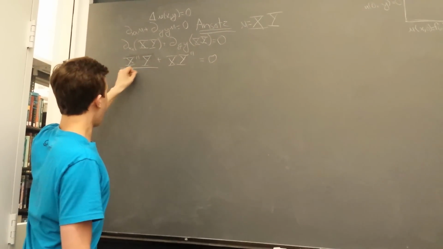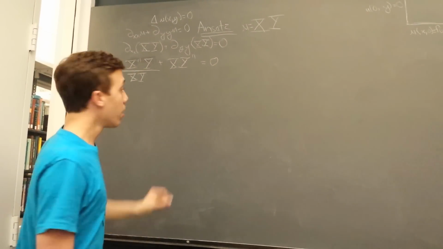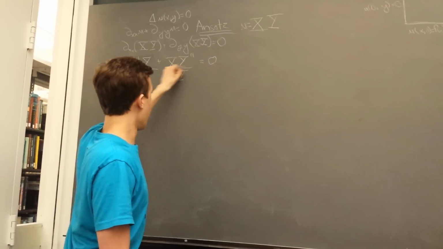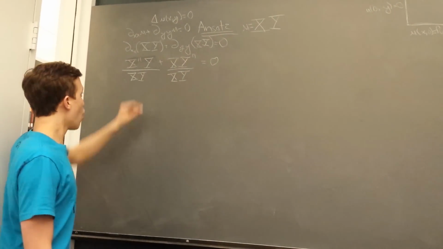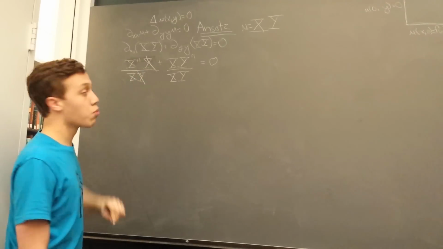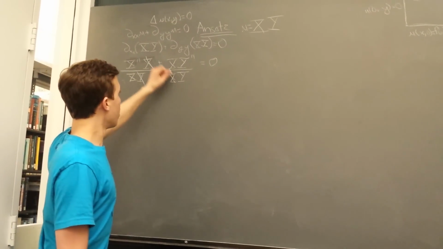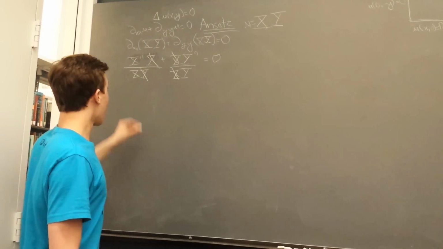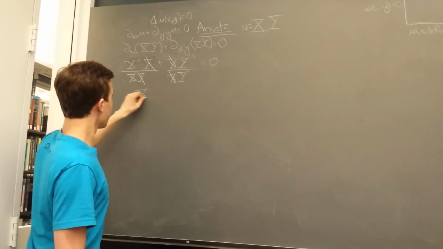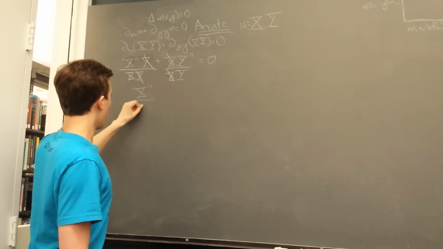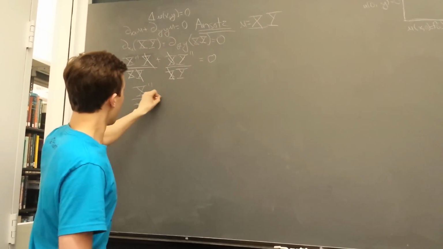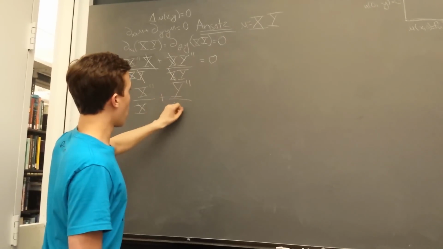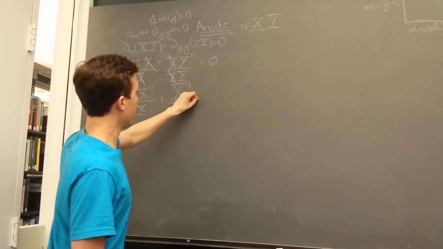Over here, the Y's will cancel, and over here, the X's will cancel. So we're left with the equation big X double prime over big X plus big Y double prime over big Y is equal to 0.